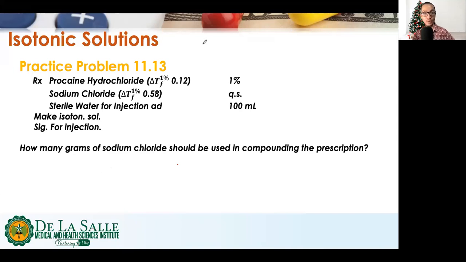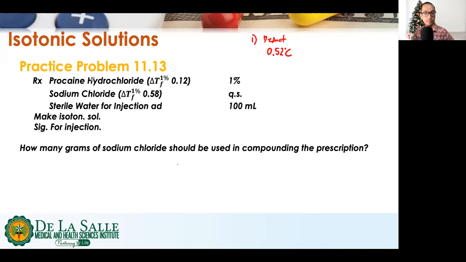Again, we have steps. The first step is to deduct the freezing point depression contributed by the drug present in your formulation. Remember that the isotonic solution should have a freezing point depression equal to 0.52 degrees Celsius.